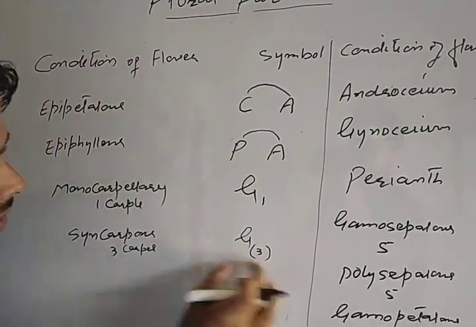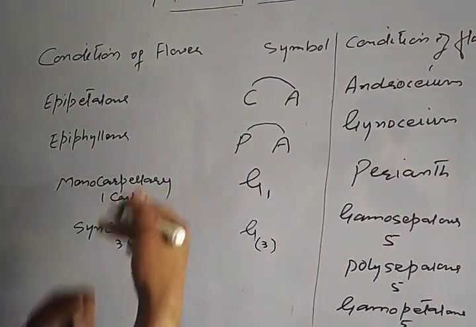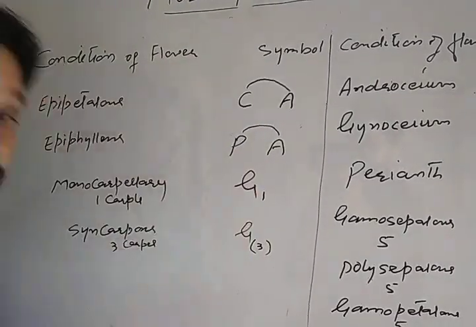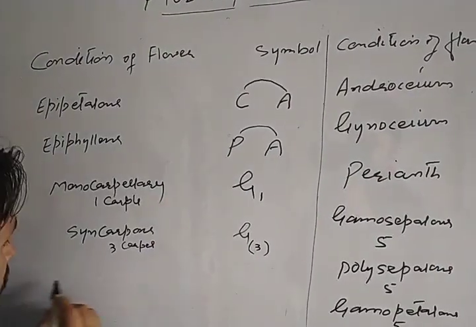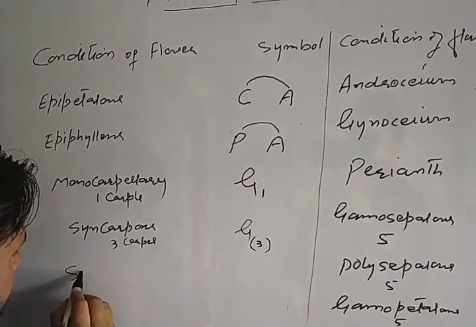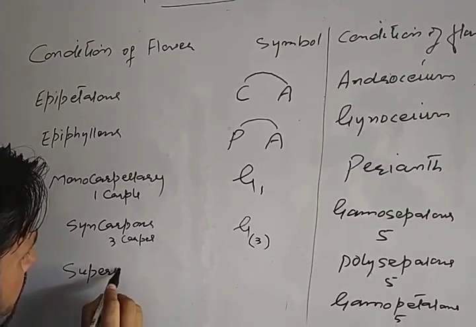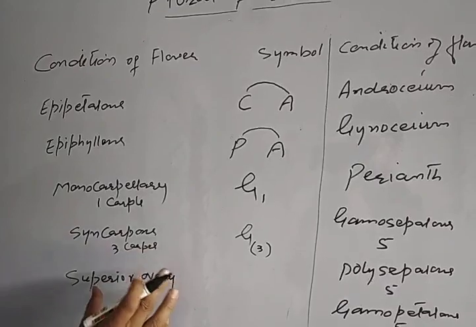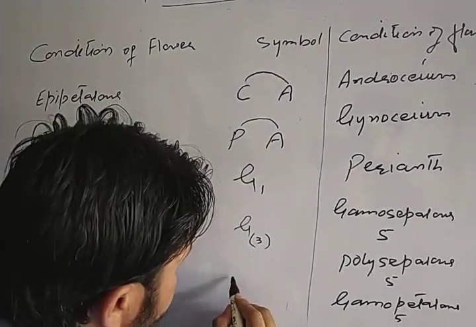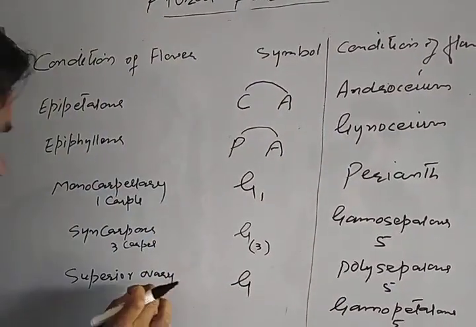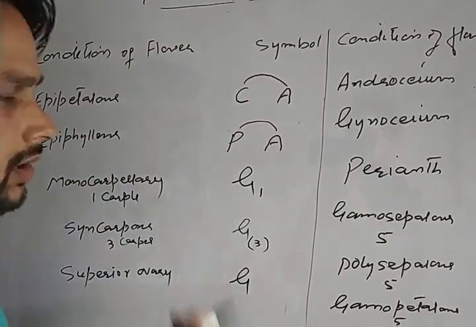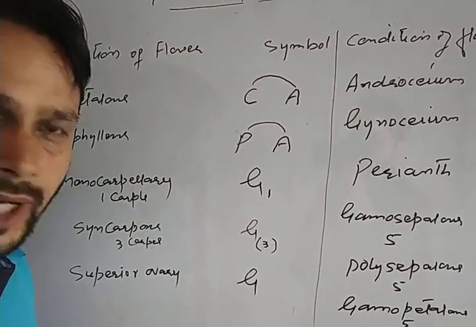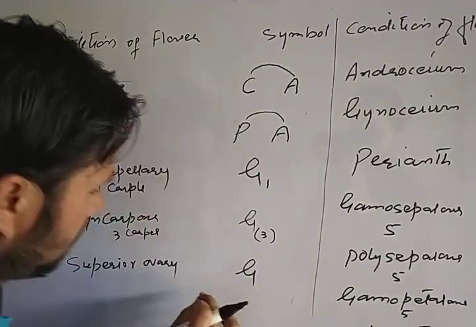This is the syncarpous condition. Now there are different ovaries. If there is a superior ovary, we write G, because the ovary is part of the carpel and the carpel is the unit member of the gynoecium.